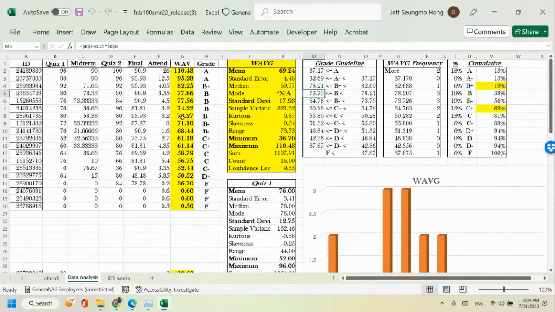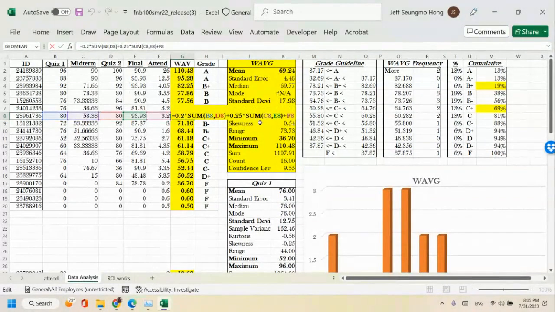But let's say this is marginally below B. So for every grade level where you are marginally below the upper grade level, then I replaced.